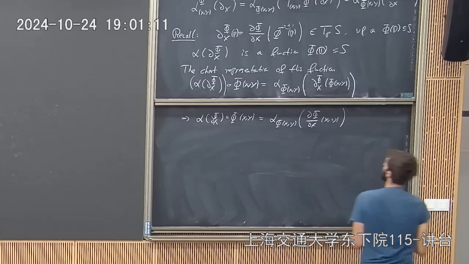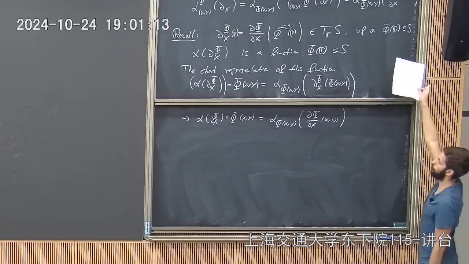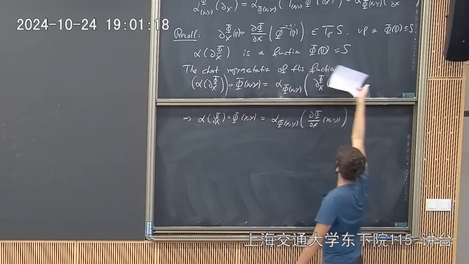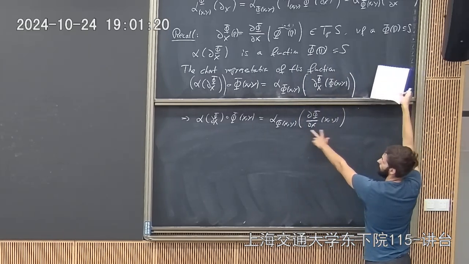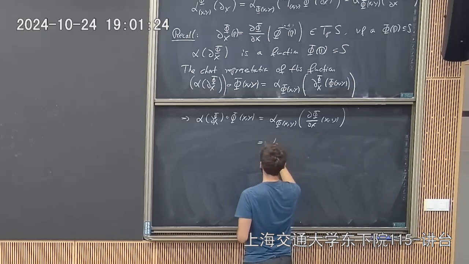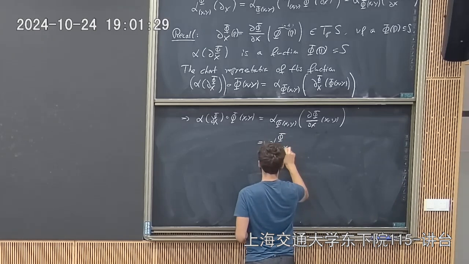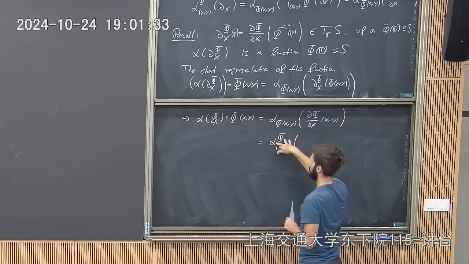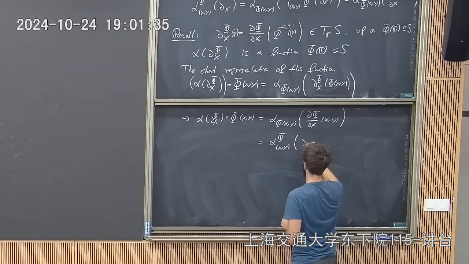And now you look at the very first formula that I have upstairs, which has exactly the same terms as what we just calculated. So what we get here is the chart representation of alpha on x.